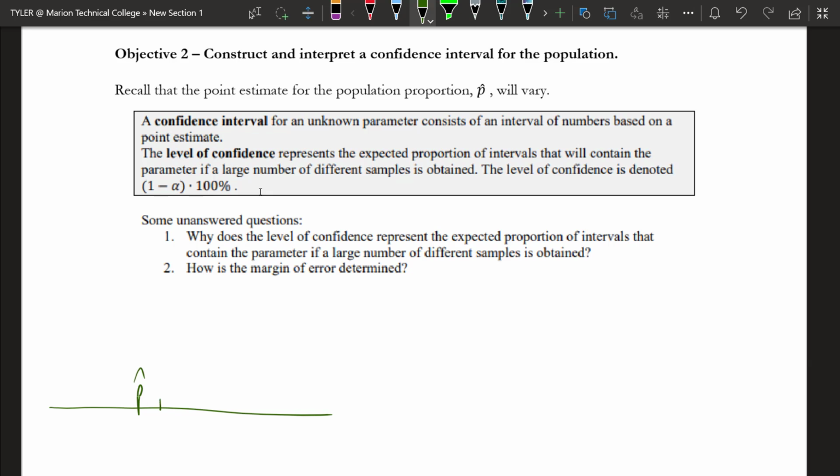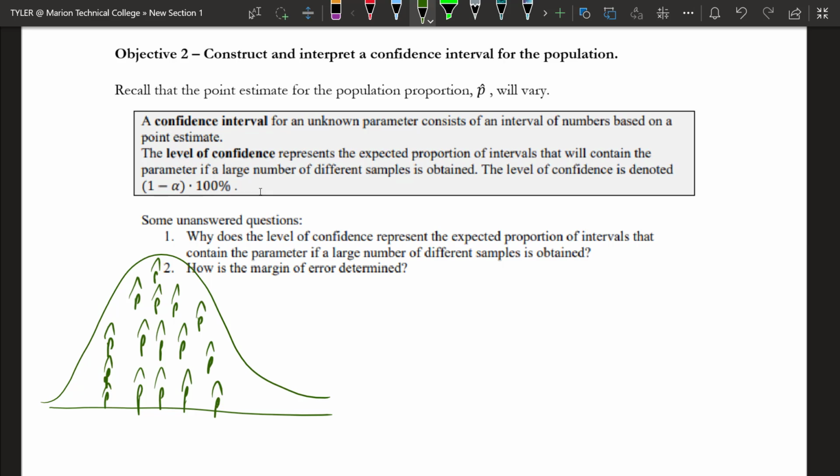But what we found is that if we meet certain characteristics, the distribution of p hats is going to look normally distributed. So maybe something like this, a bell-shaped curve, where this is the distribution of p hats, and each of these are individual p hat values that could be possible.